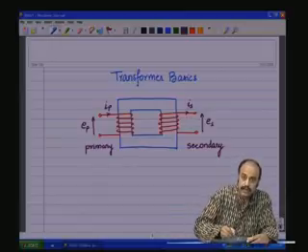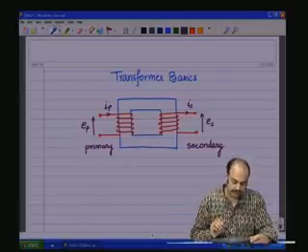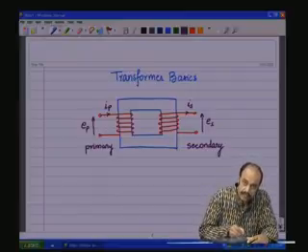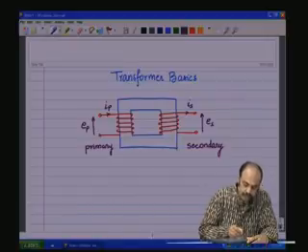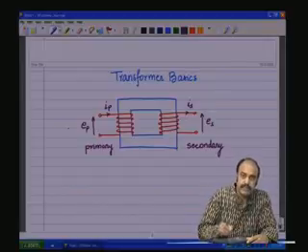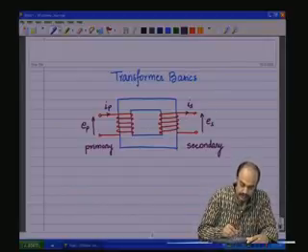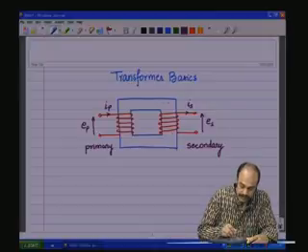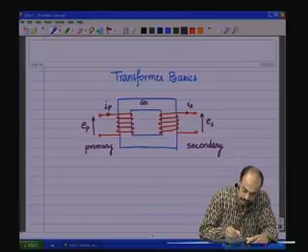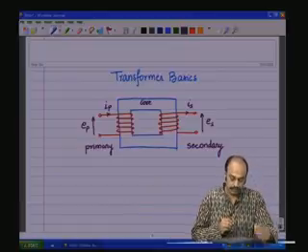If there is no load connected, Is is equal to 0. Now you see that the primary side electric circuit and the secondary side electric circuit are not physically connected. The only transfer of energy can occur through this magnetic domain, the core.